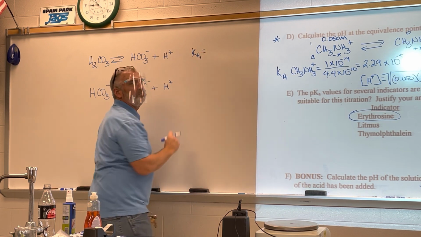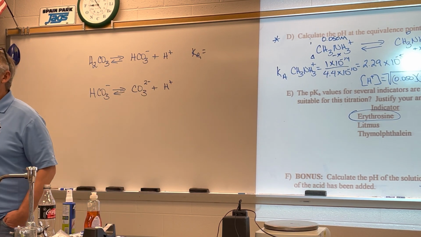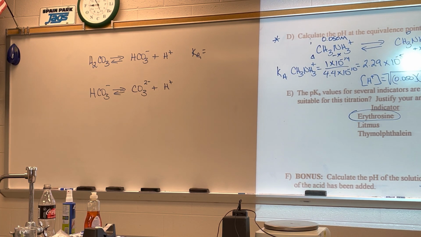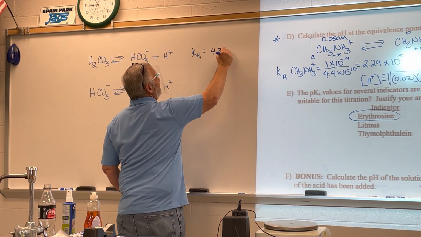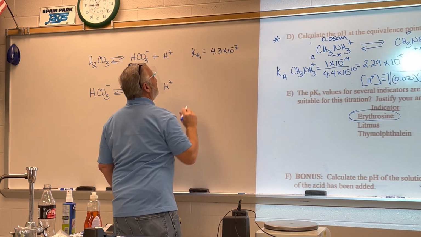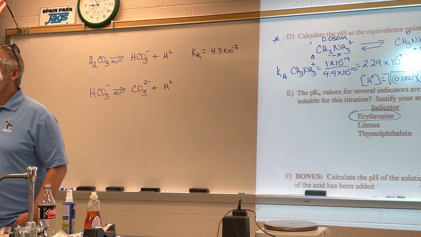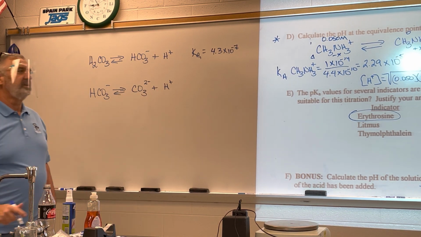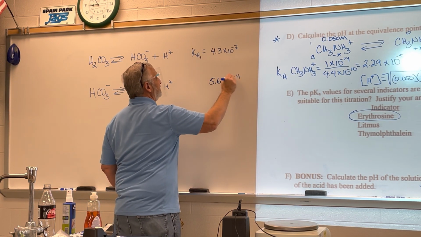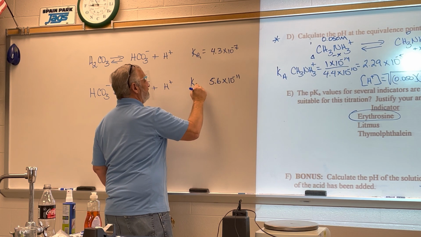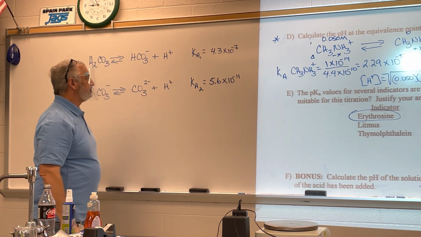Ka1 for carbonic acid is 4.3 times 10 to the minus 7. And the Ka2 is 5.6 times 10 to the minus 11.